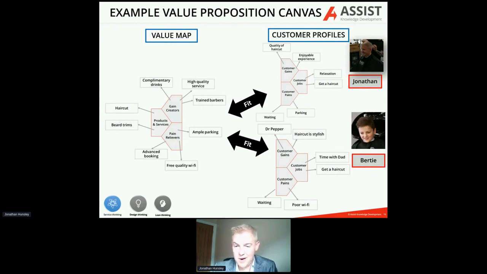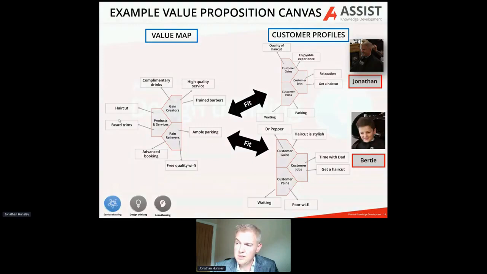There's a vast swathe of different techniques that you can use to help yourself to put yourself in the shoes of the customer and understand where they're coming from and what it is they're looking for from the delivery of products and services. So that's my brief introduction to service thinking.